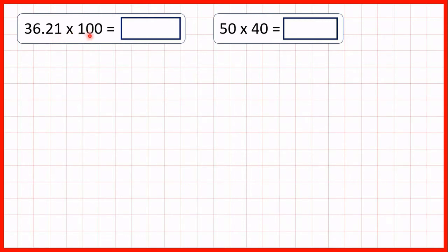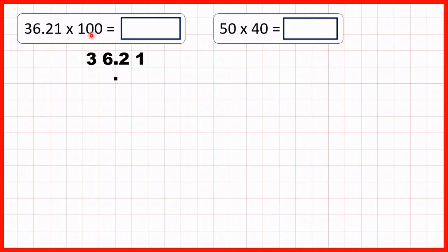36.21 times 100. Again, when we're dividing or multiplying by 10, 100 or 1,000, we always write out the number, then copy down the decimal point below. But this time we're multiplying, so the number is getting larger and the digits are moving to the left.